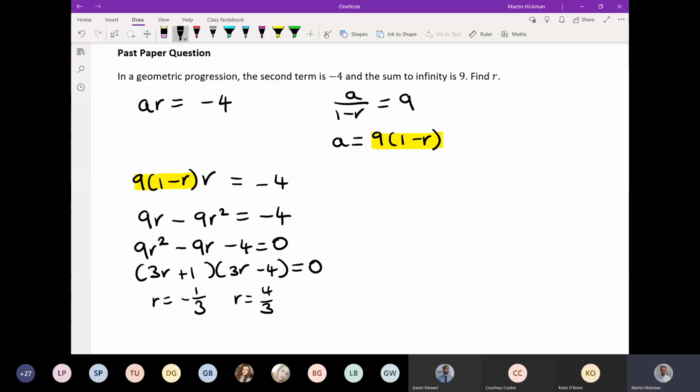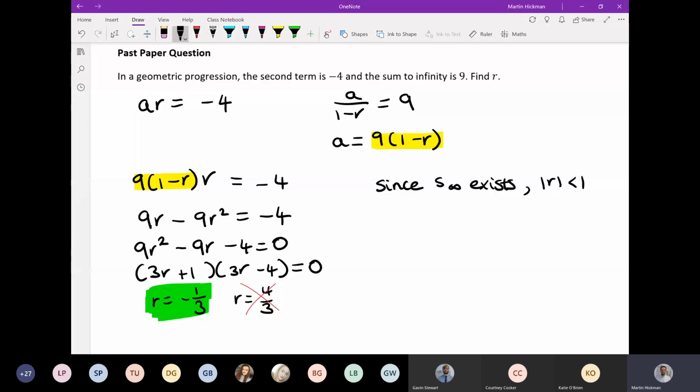So since we're told the sum to infinity exists, we know that the modulus of R has to be less than 1. So we only take the minus a third as a solution. We disregard this 4/3.